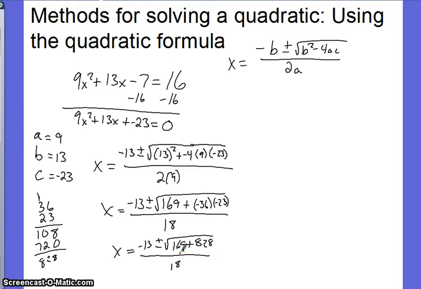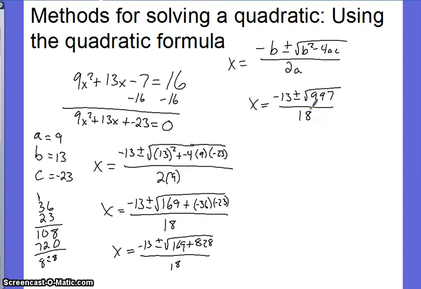Right, so 828 plus 169 would be 997. Alright, so I get x equals -13 plus or minus the square root of 997 over 18.